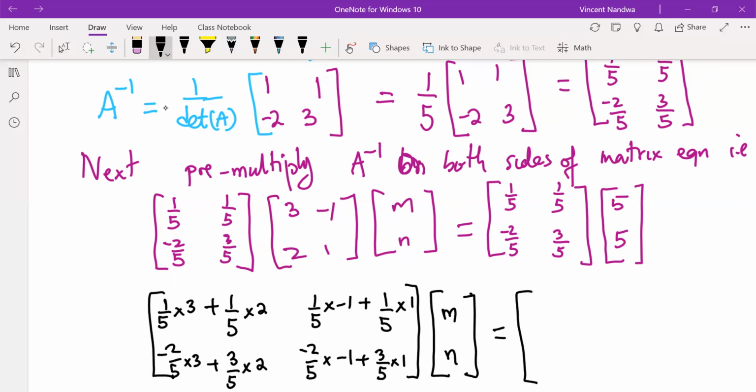Row by column, so 1 over 5 by 5 plus 1 over 5 by 5, minus 2 over 5 by 5 plus 3 over 5 by 5.